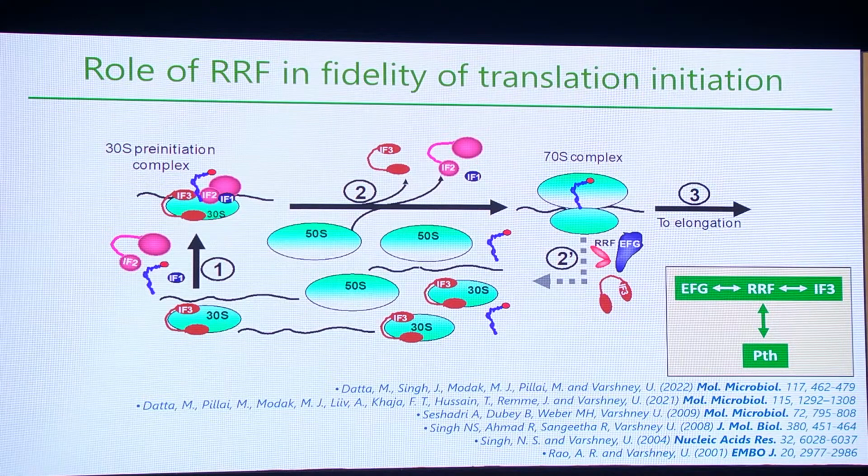PTH is a protein that hydrolyzes any of the peptidyl tRNA that falls off of the ribosome, and to recycle that tRNA, you require PTH. And there is a good connection between RRF and PTH. So I believe that there is another step of accuracy here, which depends on ribosome recycling factor.